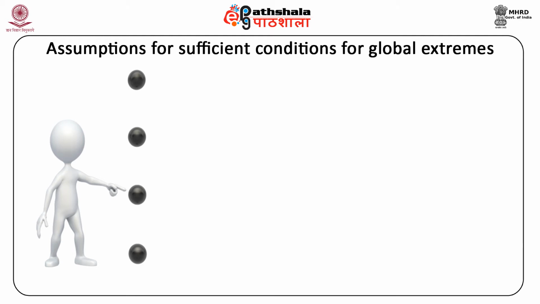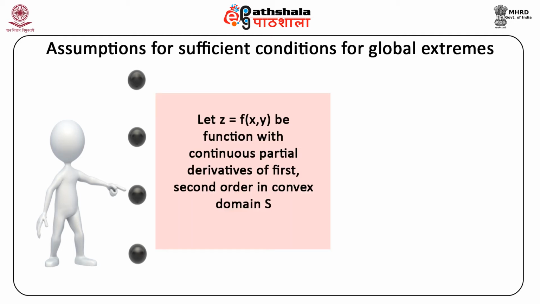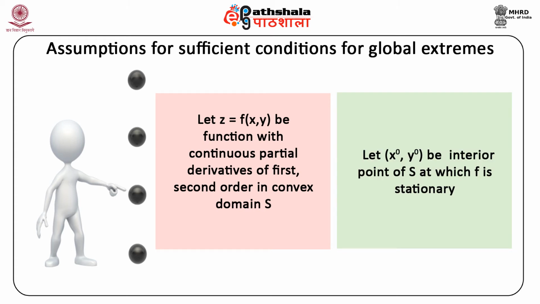Theorem. Sufficient conditions for global extreme points. We assume z is a function f(x, y) with continuous partial derivatives of the first and second order in a convex domain S, and let (x0, y0) be an interior point of S at which f is stationary.